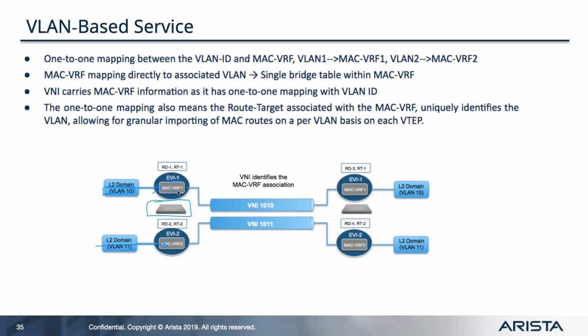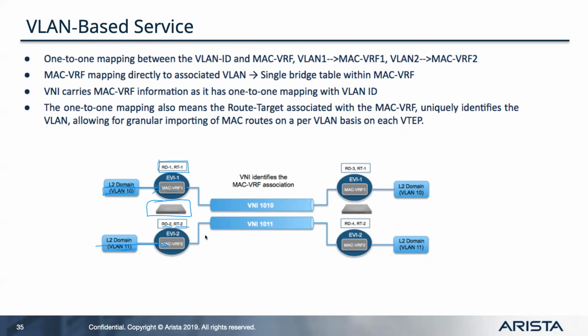Both are the same: separate MAC VRF and EVPN instance. What does that mean? For each VLAN, you have a separate route distinguisher and route target value. So for VLAN 10, you have route distinguisher, let's say RD1, then RT is 1. For another VLAN 11, you have a separate RD2 and route target 2.